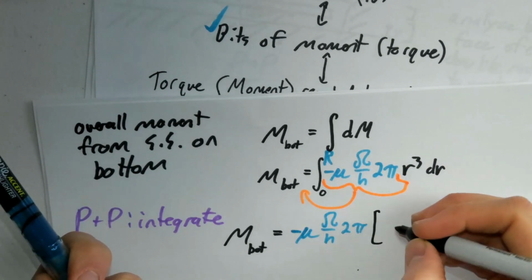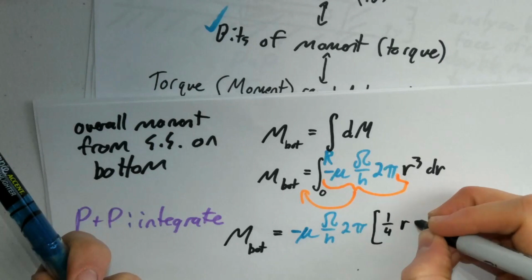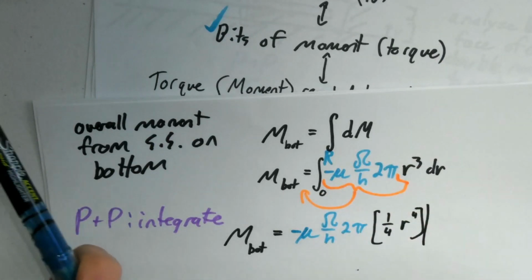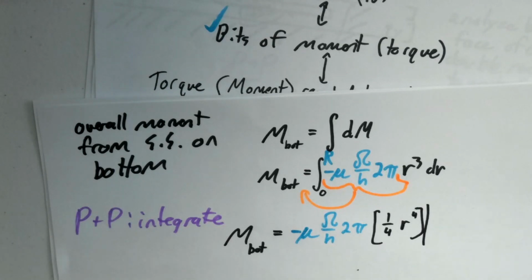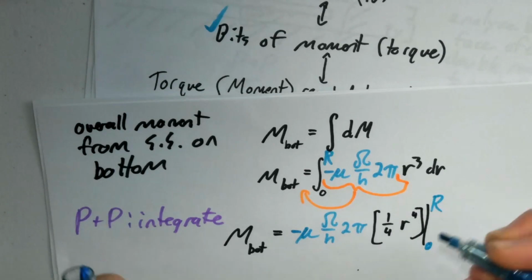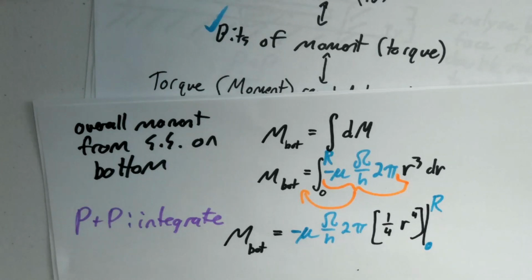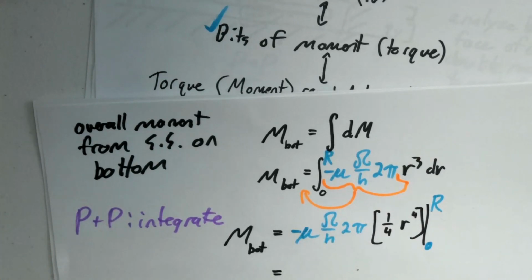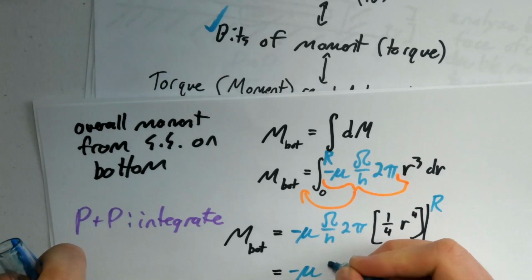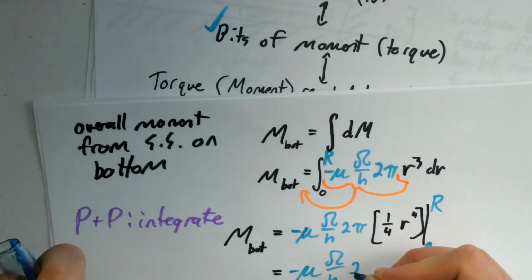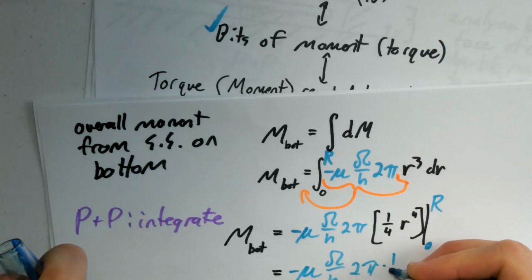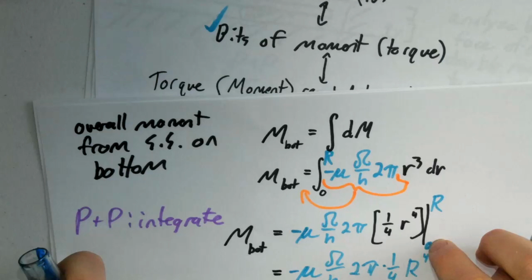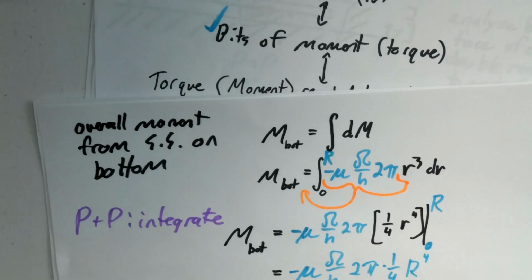So we now have 1/4 little r to the 4th, and of course we want to evaluate this from the lower limit of integration to the upper limit, 0 to capital R. When we do that, we end up with minus mu omega over h 2 pi 1/4 capital R to the 4th, and of course for the lower limit of integration we just have minus 0, so I just got rid of that.